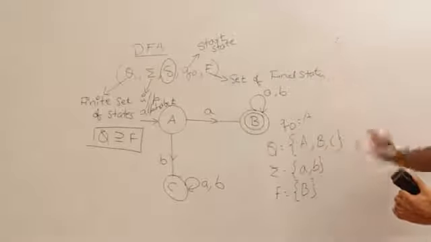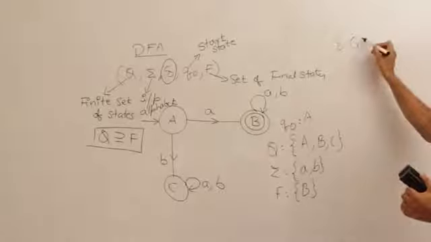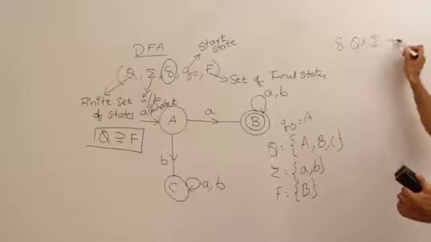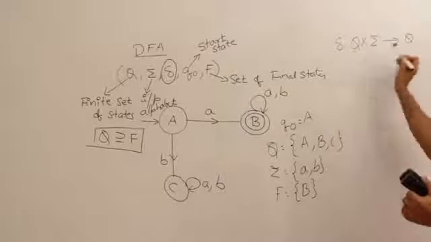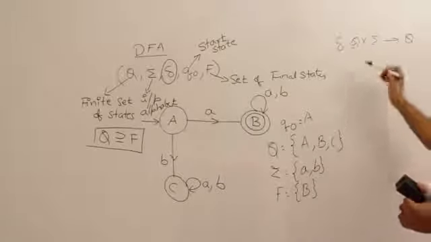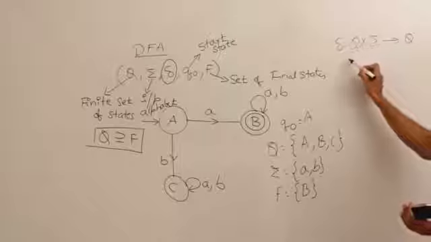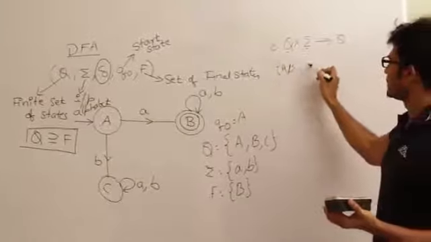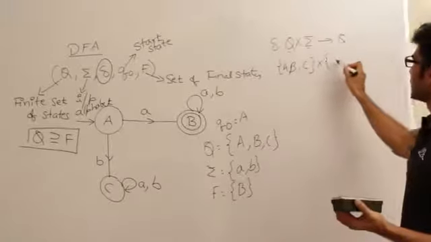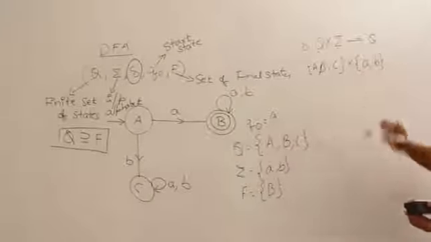Delta is a transition function from Q cross sigma to Q. What is Q? The set of all states. What is sigma? Input. So in this particular case, Q cross sigma is nothing but {A, B, C} cross {a, b}.